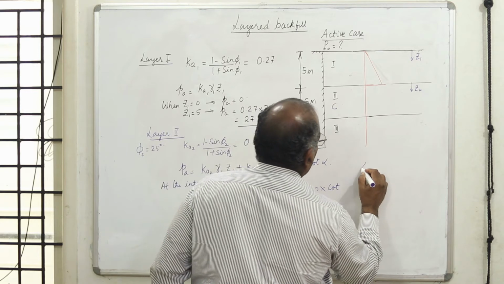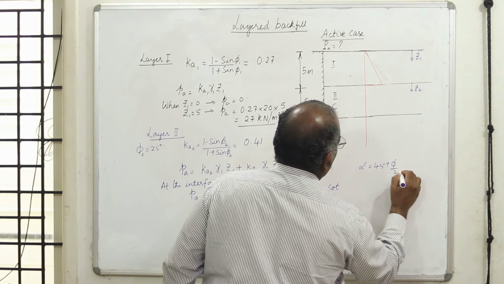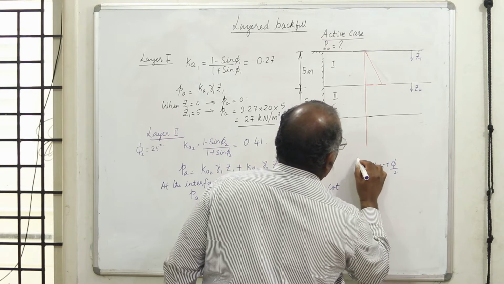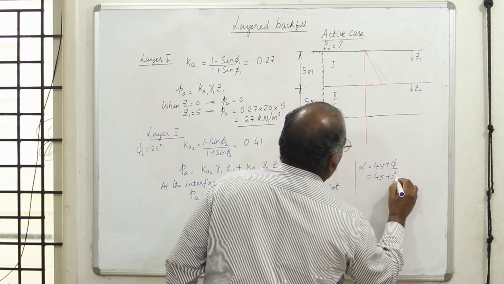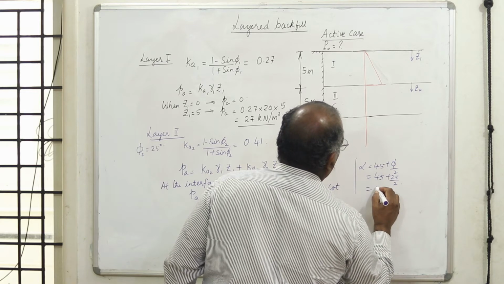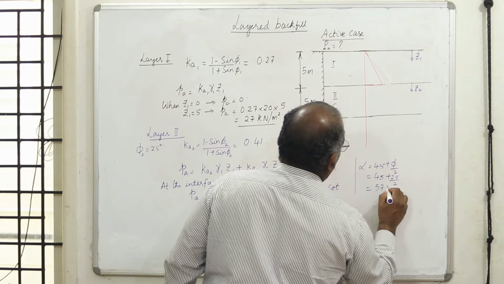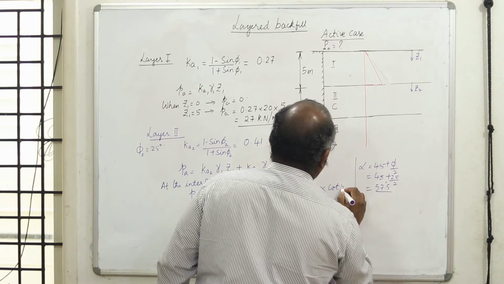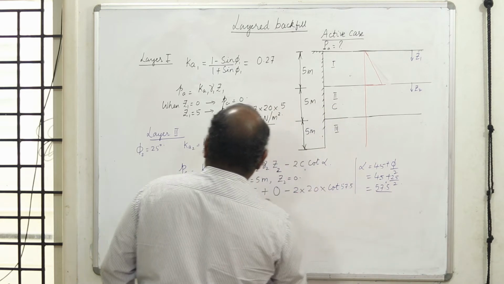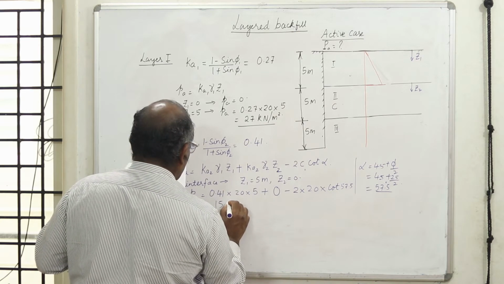Alpha is equal to 45 degrees plus phi by 2, here it is 45 plus 25 divided by 2, so it becomes 45 plus 12.5, which is 57.5. Substitute this value and you get 15.52.